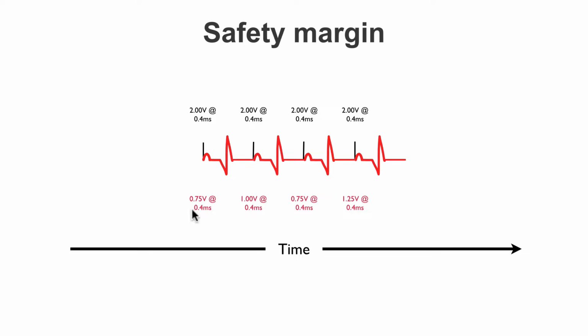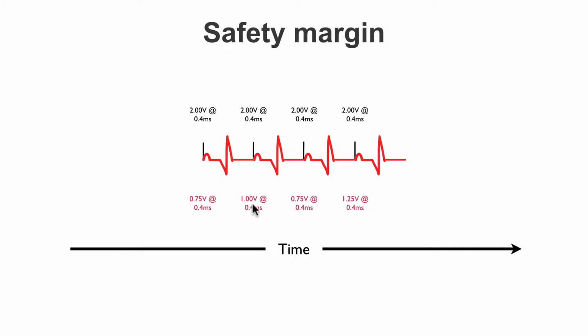So on here, I've made these numbers up. They're hypothetical values for the minimum amount of energy required to trigger a depolarization in the atria over time. And we can see that in the real world, the threshold does fluctuate. It's 0.7 volts at 0.4 milliseconds here.